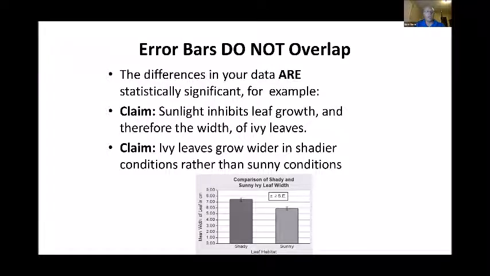And when your error bars don't overlap, that tells you that it's likely that the differences between your two sets of data are significant. They're statistically significant, which backs up our claim. We're saying that now we can claim with some certainty that plants grown in the shade have wider leaves than plants grown in the sun, at least for ivy.